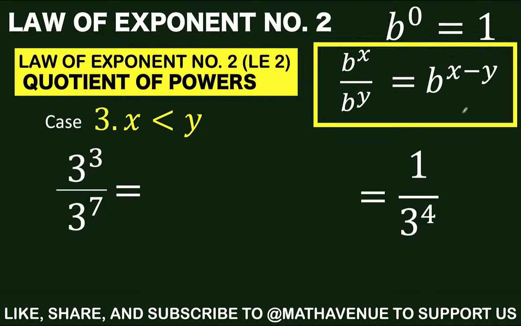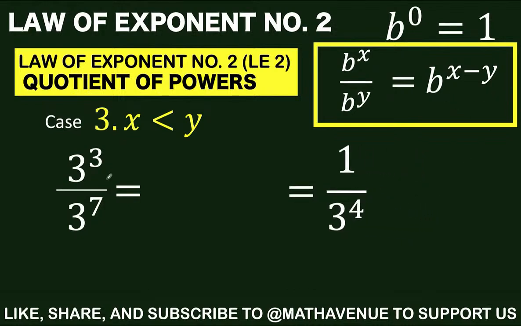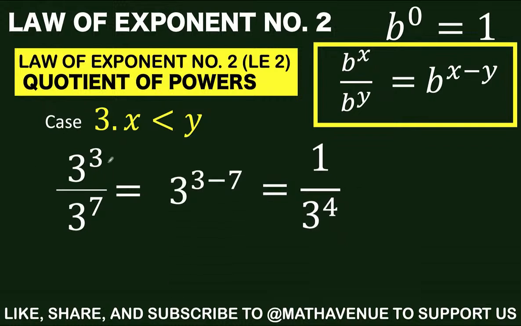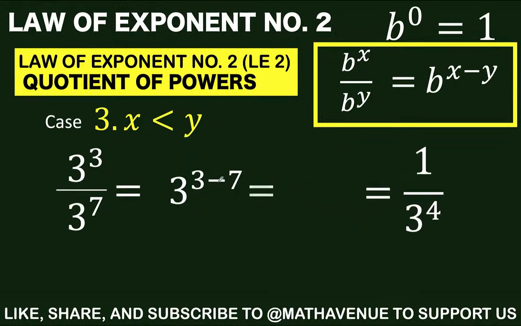But again, if you are going to follow this formula, then this can be written as 3 raised to the exponent in the numerator minus the exponent in the denominator. And 3 minus 7 is equal to negative 4. So this becomes the base raised to negative 4. We now have here what we call a negative exponent.